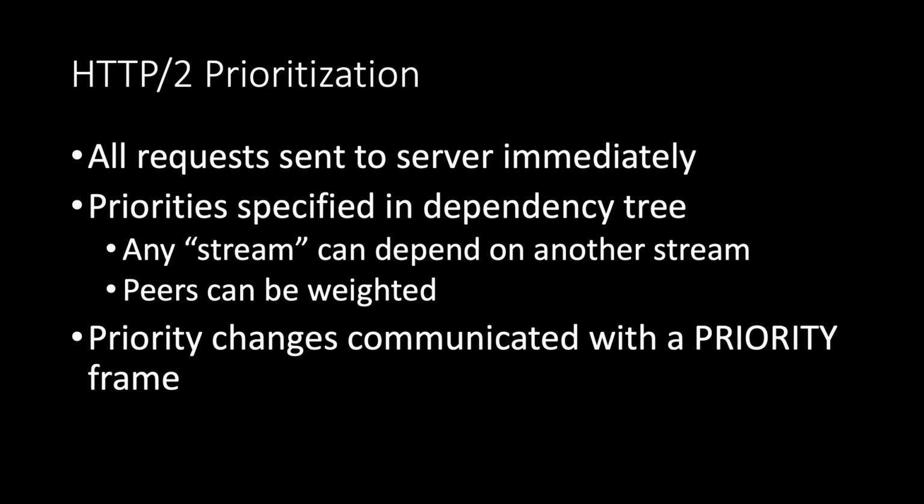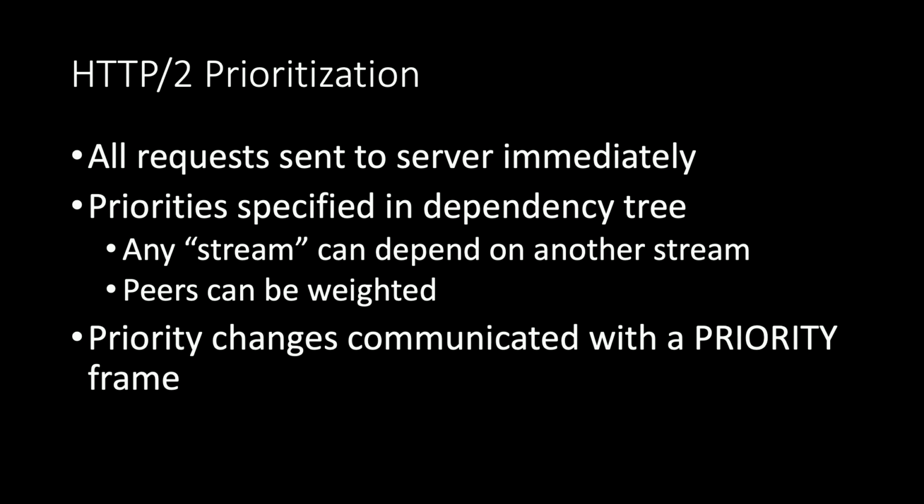One of the biggest changes for HTTP 2 was the browser no longer controls prioritization. The browser can still maintain its list, and it can decide how important things are, but it tells the server, here's all of the things I need. I'd really like it if you could send it to me sort of in this strategy or in this order, but I'm trusting you're gonna do the right thing and send it to me.